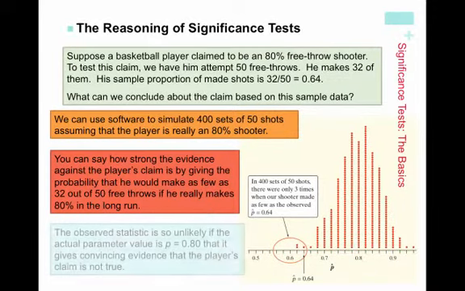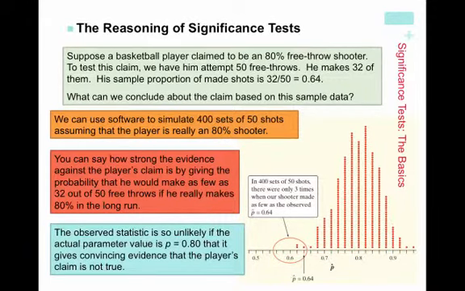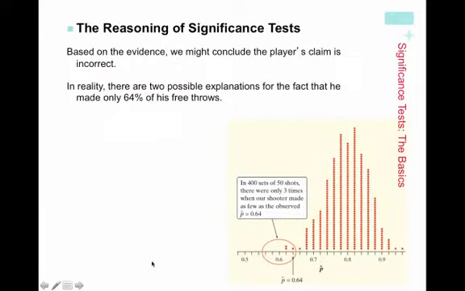Well, if he shot 60%, 64%, in 400 trials, there were only 3 times where that happened. So the observed statistic, our p-hat, is so unlikely, 3 out of 400, that the actual parameter value probably isn't true. We probably should reject that claim that he shoots 80%.